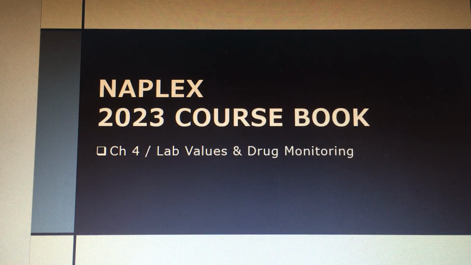The next heading on page 69 is common laboratory reference ranges for an adult. Reference ranges for labs are generally provided on our exams, but may not be provided on the CPJE. Familiarity with lab tests and their interpretation will greatly reduce the time required to evaluate cases on the exam.